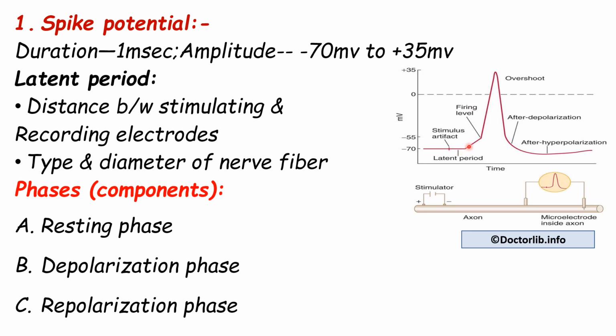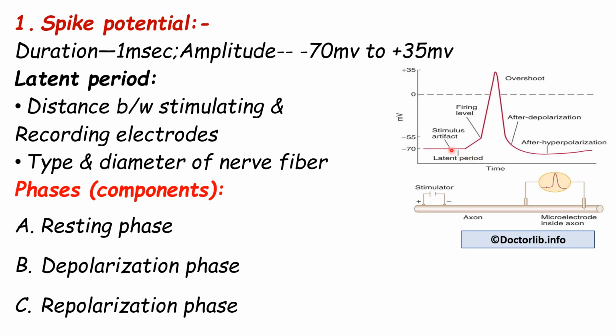It will cause change in the membrane polarity, reversal in the membrane polarity, and when it reaches a threshold level of minus 55, there is a sudden upstroke. This is what we call depolarization, or rapid upstroke, and overshoot is reached.